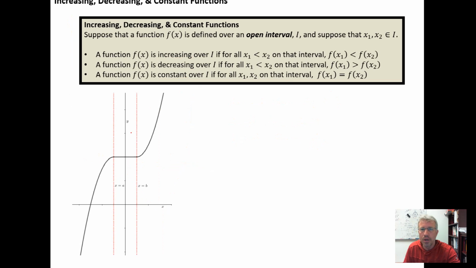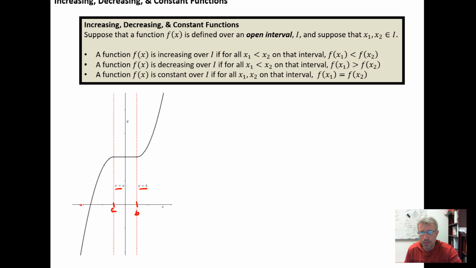So just one more review example from precalculus. So here's a function. I see I have vertical lines x equals a and x equals b, so that corresponds to a and b on the x-axis. And I chose those vertical lines because they're really breaking the function up into intervals over which we are increasing, decreasing, or constant.